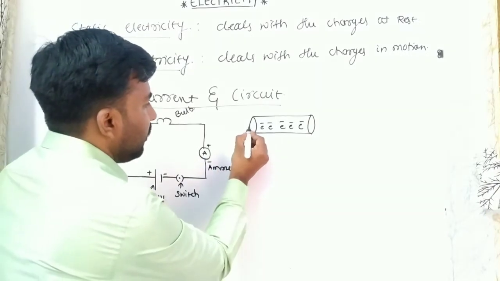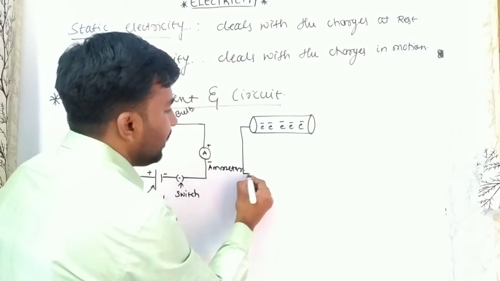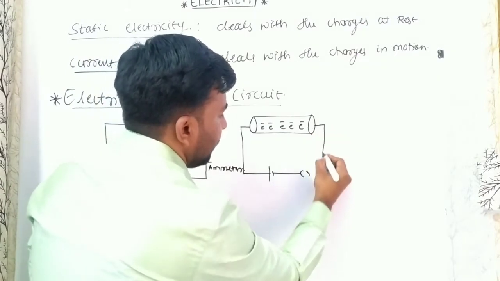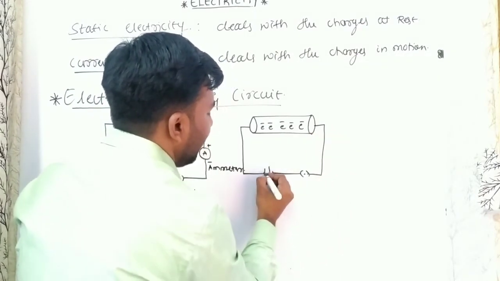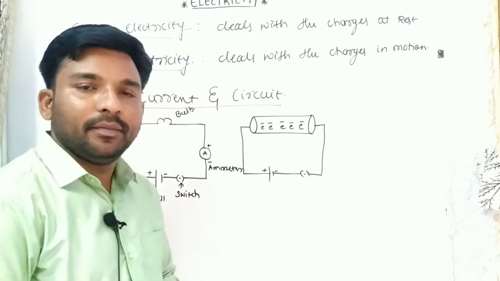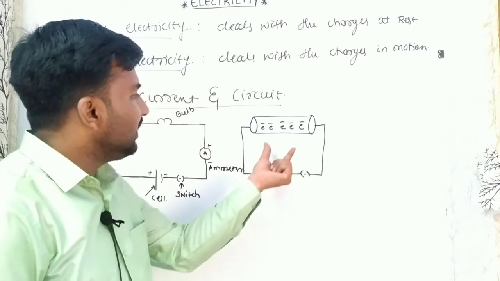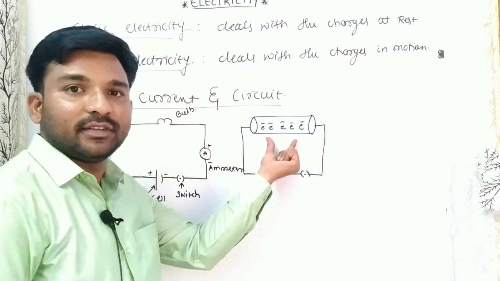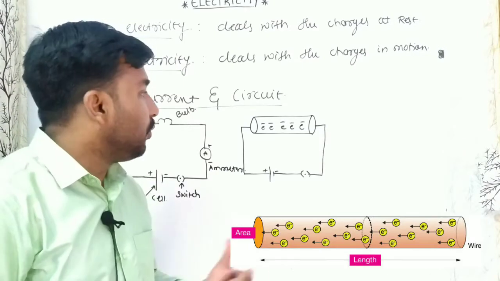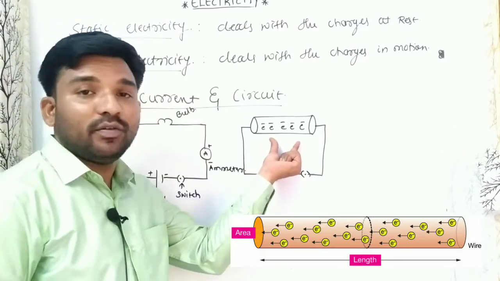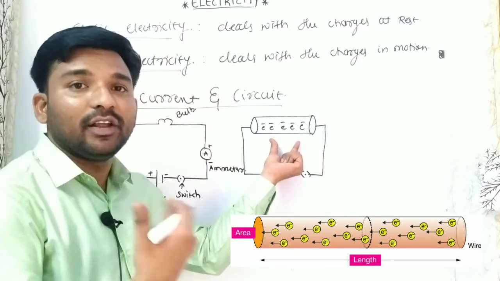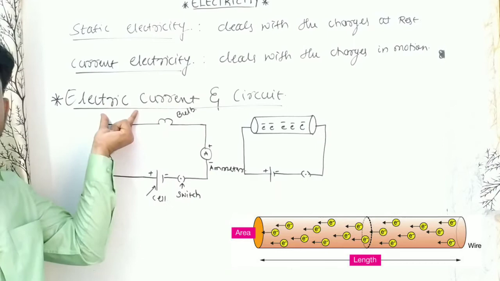When this copper wire is connected to an electric cell, these electrons are in motion. The effect of that motion of the electrons we call electric current.